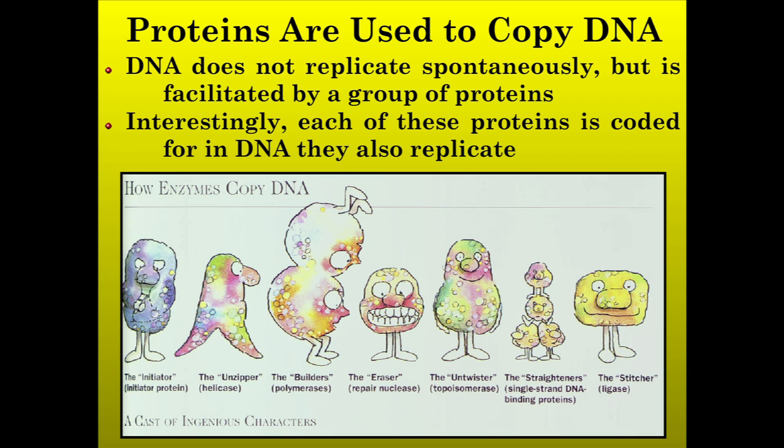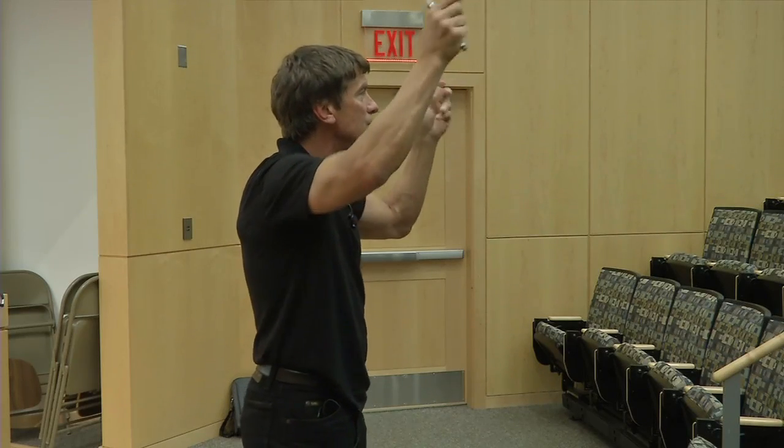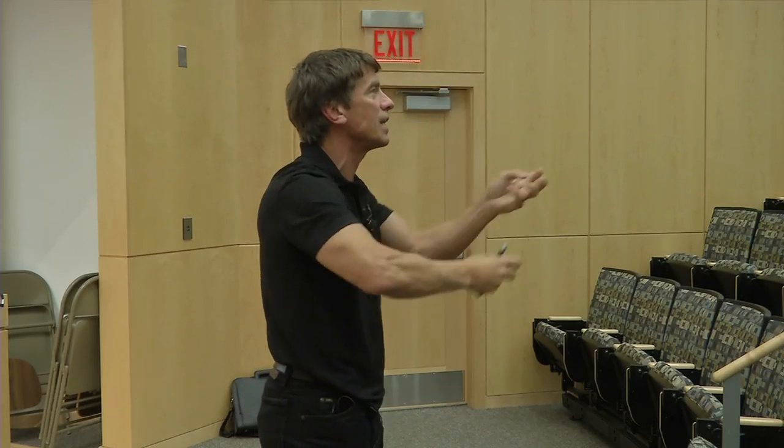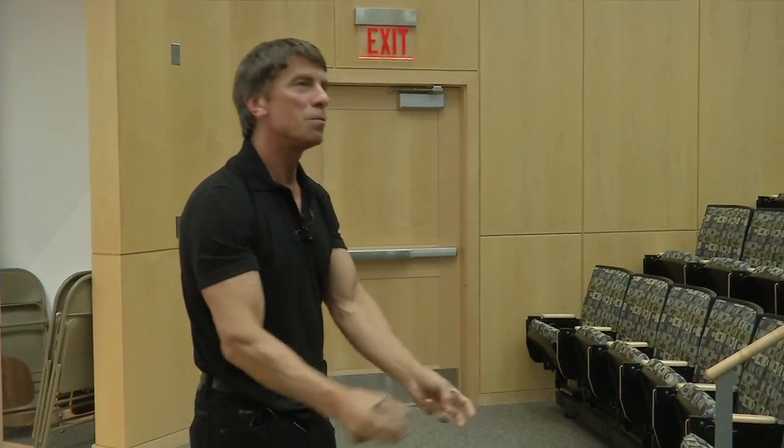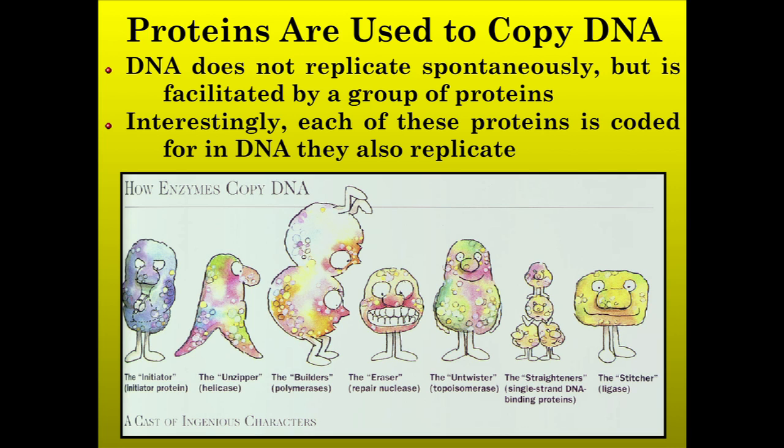You've got these single-stranded DNA binding proteins that at some point that DNA is going to be in a single strand and very fragile. If it breaks, we've also got a problem. So there are these proteins that will bind right to that single strand as this thing is polymerizing and working its way through. And then there is this one called a ligase that stitches two broken ends together.